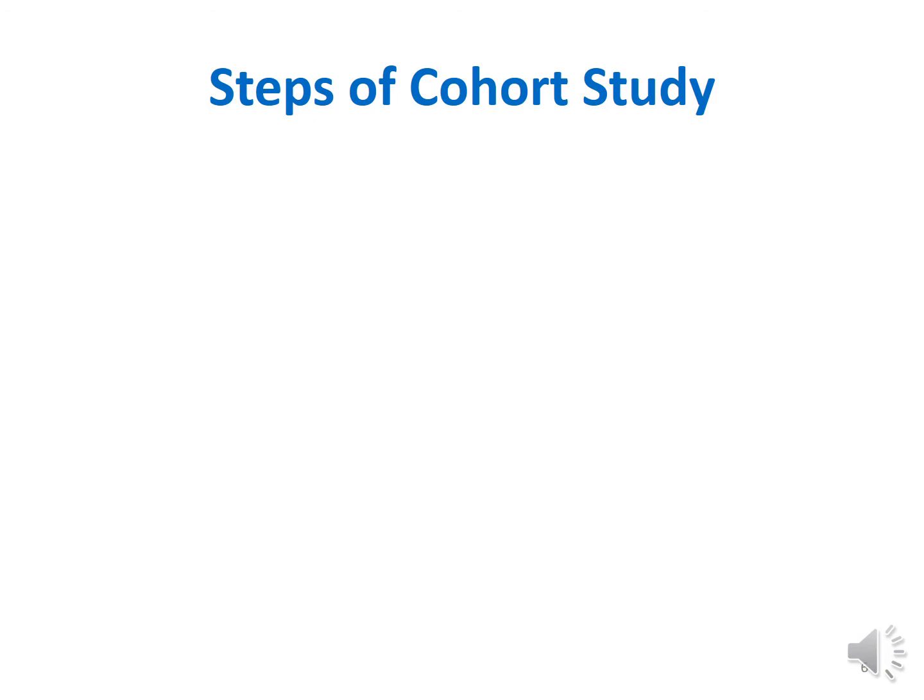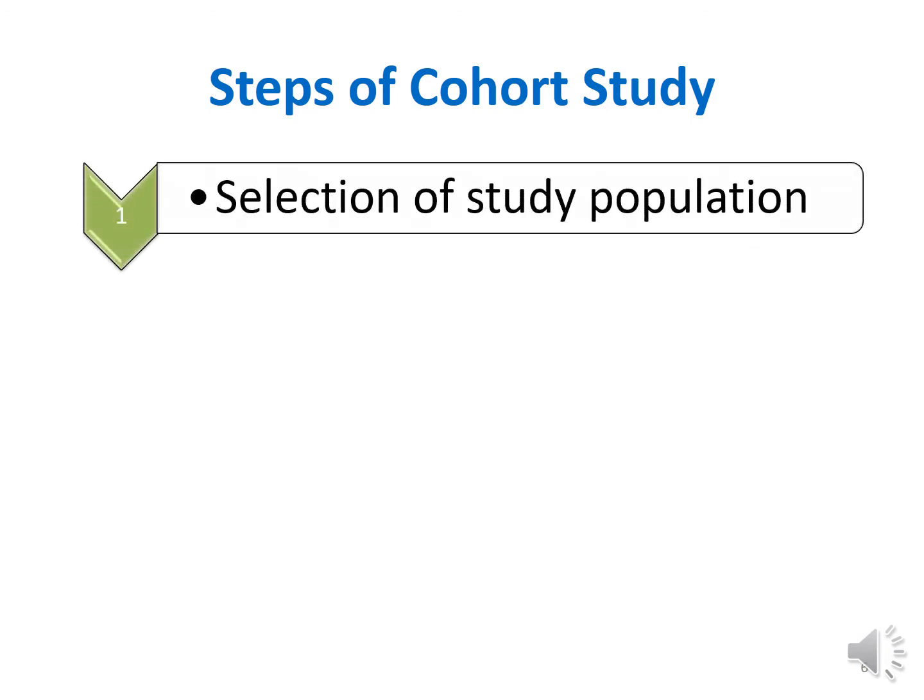While conducting the cohort study, we have to go through 5 steps, or we can say there are 5 elements of this study. Elements we can say, steps we can say. The first one is selection of study subjects. So first element is we have to select study subjects. We can select subjects from general population. We can also select subjects from special groups like professional groups.